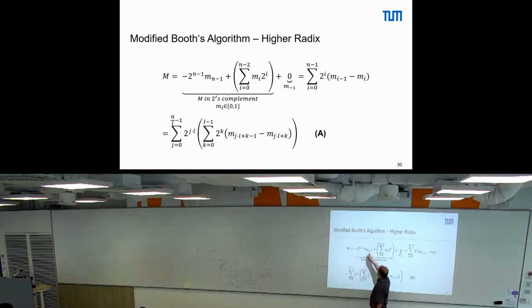So effectively I have each term here twice, once with 2 to the power of i, once with 2 to the power of i plus 1. Then I can build tuples out of that, and I can always collect the same powers of 2, giving that I have 2 to the power of i, m_{i-1} minus m_i. That's just if I add here now, let's say, plus 2 to the power of i, m_{i-1}, minus 2 to the power of i.